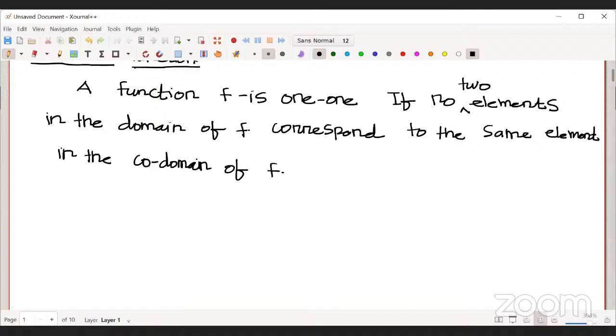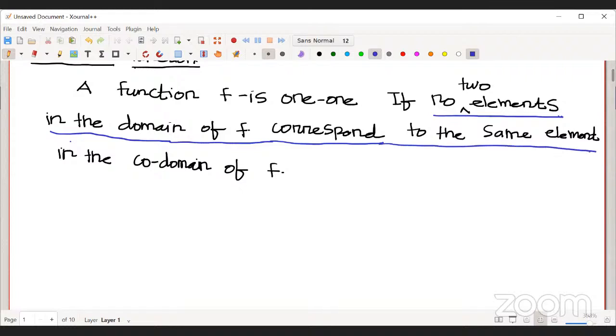So what basically it's saying is, no two elements in the domain correspond to the same element in the codomain.